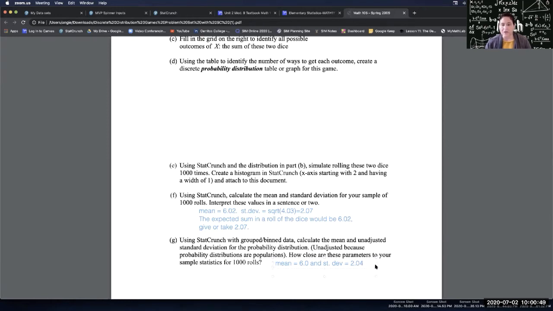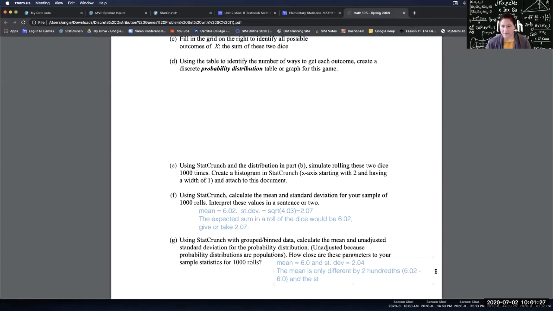And again, how close are these parameters? Well, the mean is only different by 2/100ths. Do I see where I get that 2/100ths? This mean is 6.0, and the other mean was 6.02, sorry. And the standard deviation, this is a weird text box.